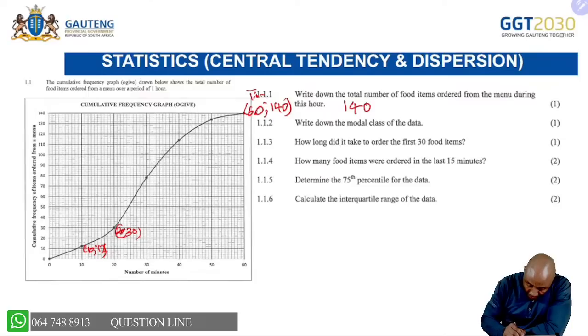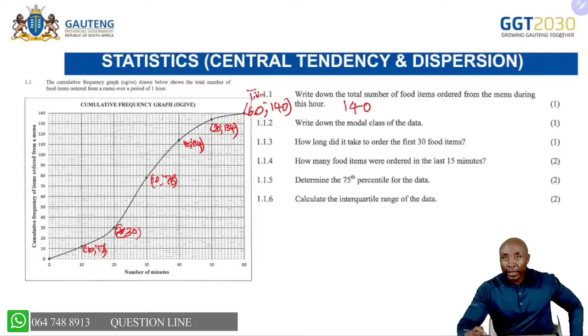The next point will be 30 and 78. The next point will be 40 and, if you check, it will be 114. The next point will be 50, and if you check the y value there it will be 134.